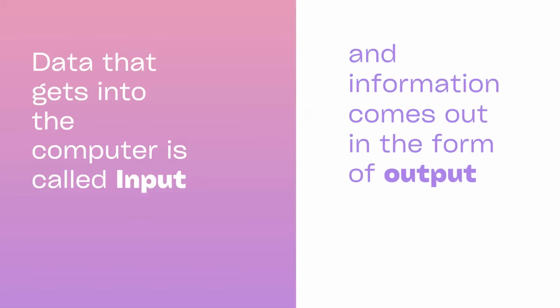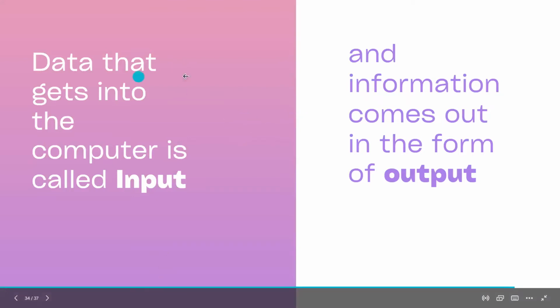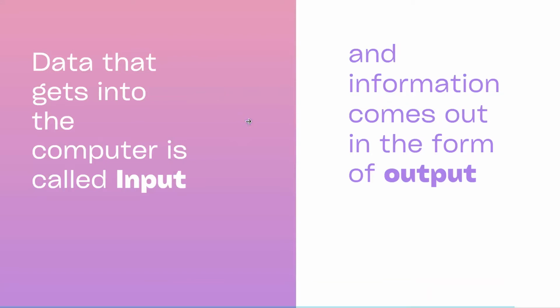And the third topic, we will talk about input and output devices. This is an easy topic. Data that gets into the computer is called input, and information that comes out of the computer is called output.